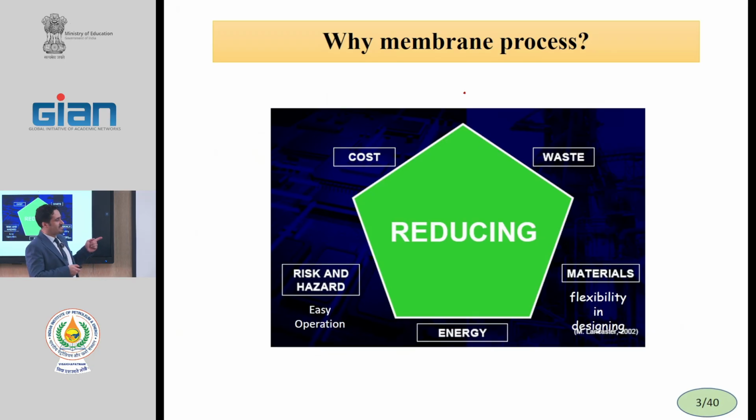But in most cases, we have a physical separation and no need for any phase change in liquid or gas. For example, in distillation, we must boil the water, transferring it from the liquid phase to the gas phase for separation, and this phase change needs very high energy. But in membranes, we have no phase change.